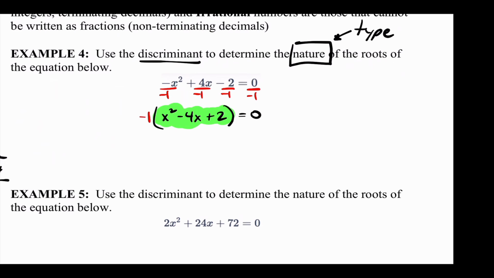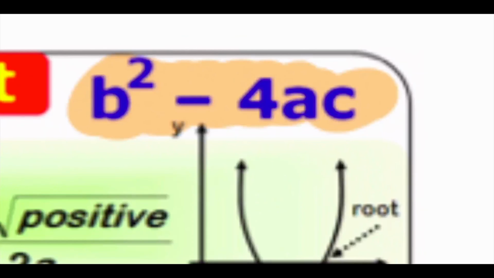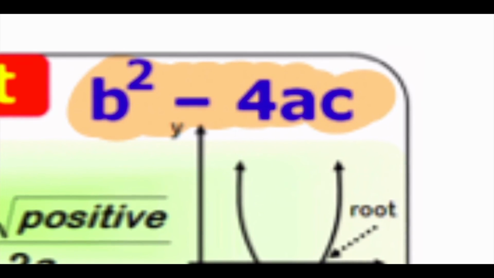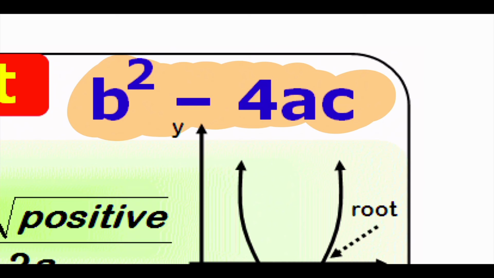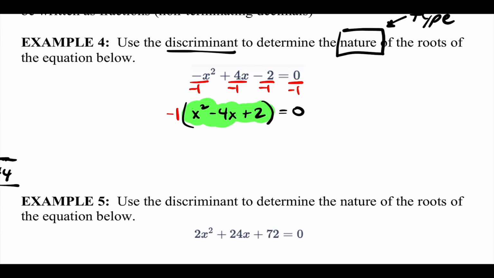Okay, so now use the discriminant. The discriminant is only this part right here. B squared minus 4 times A times C. Well, I know that A is 1, B is negative 4, C is positive 2.